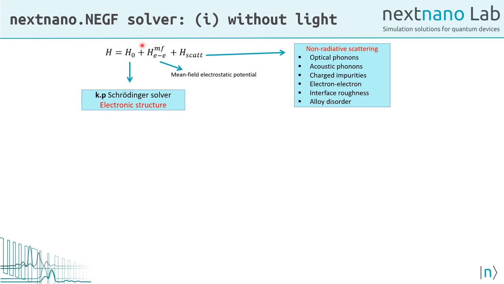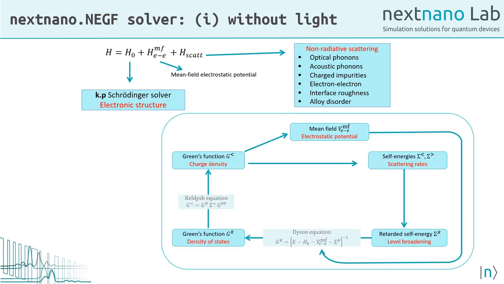And we have also a mean field electrostatic potential, which can also be exactly solved. And we have a third part, which is due to scattering processes, which cannot be exactly solved, but which can be treated through self-energies. So this includes the different non-additive scattering processes due to phonons and disorder effects, and in particular interface roughness.